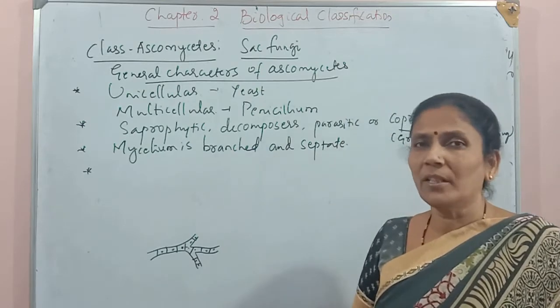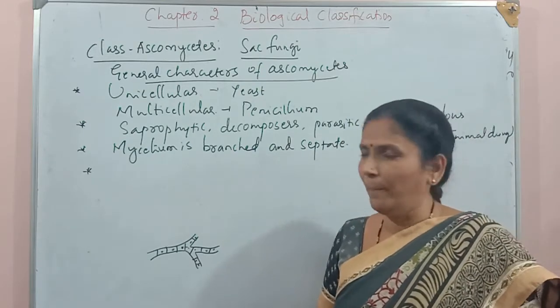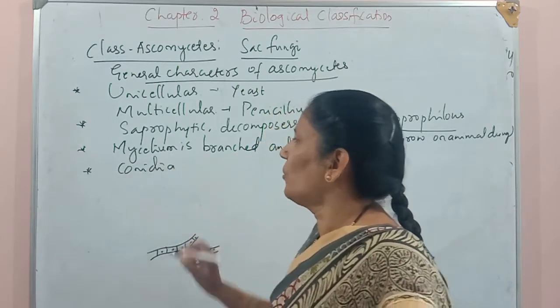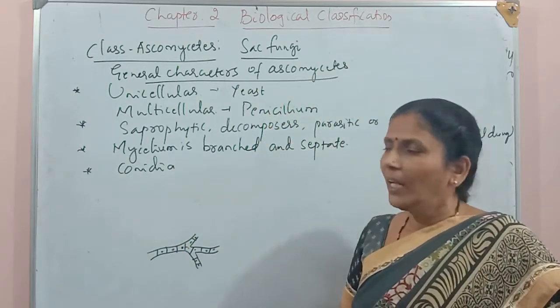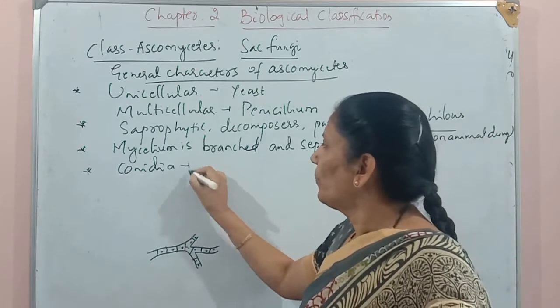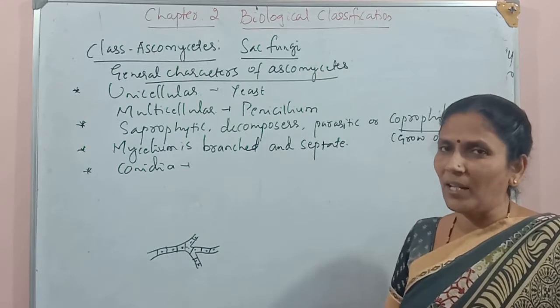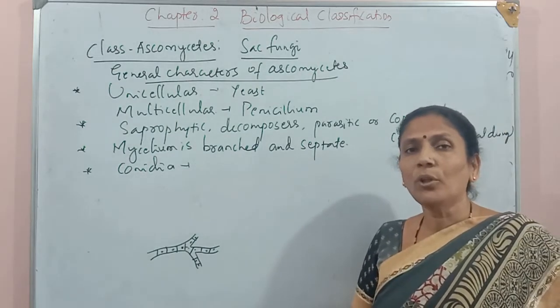Asexual reproduction takes place by the conidia. Conidia are the asexual reproductive spores. And these conidia are produced exogenously on a special mycelium called conidiophore.